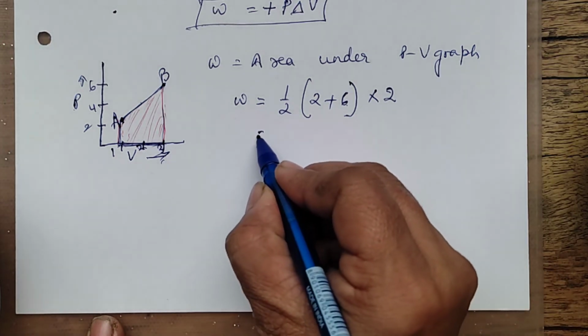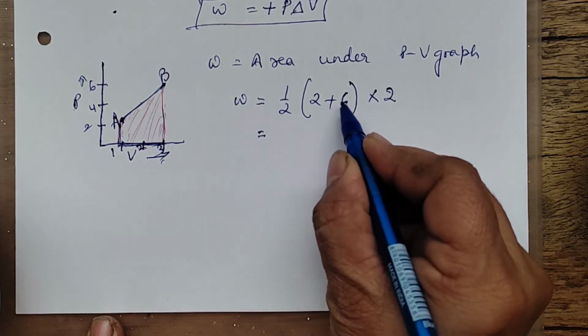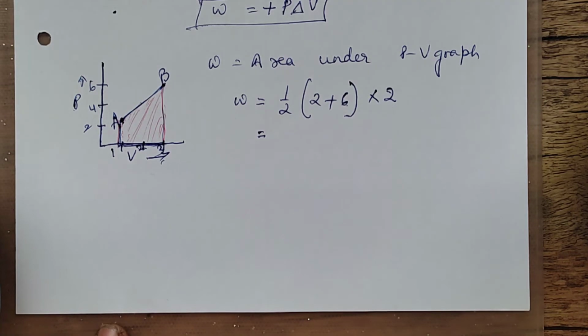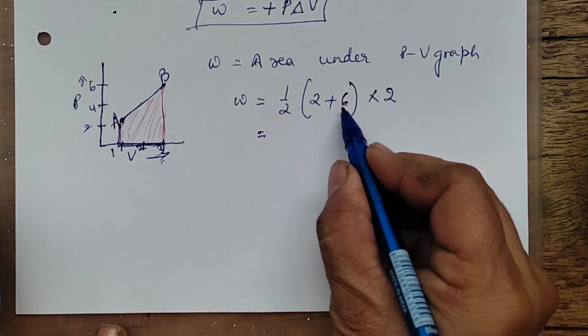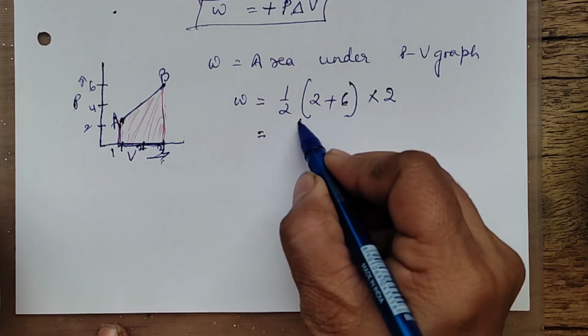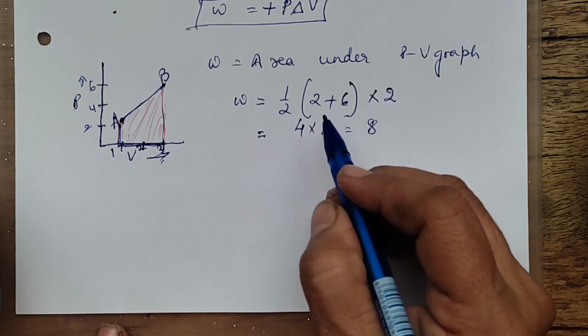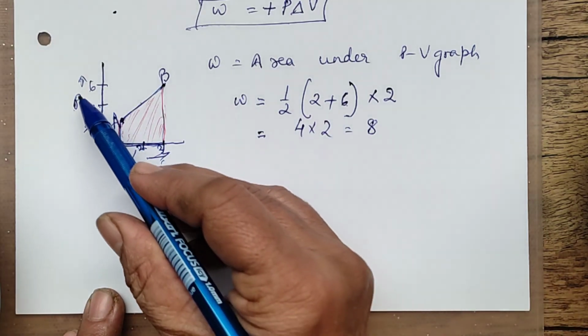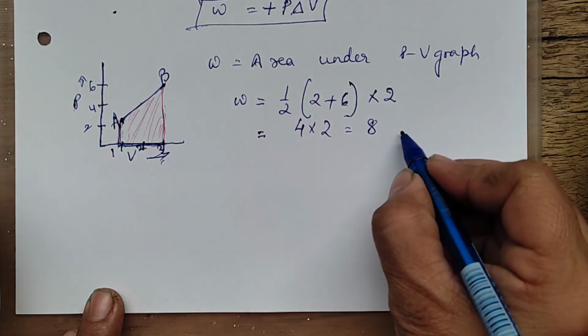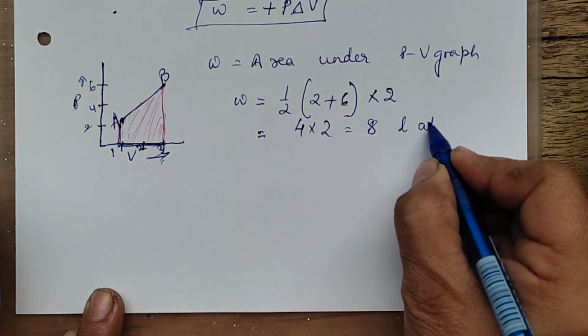You can just solve this. It comes out to be 4 here, and 4 into 2 means 8. Since this is pressure and volume, we will write 8 liter atmosphere.